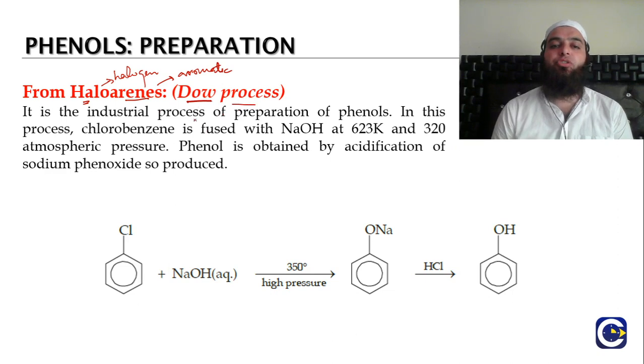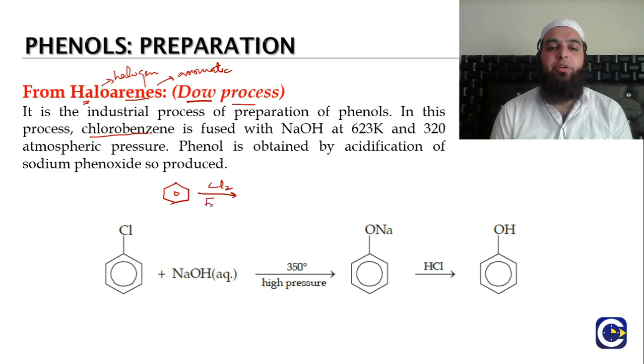In the Dow process we take chlorobenzene. Chlorobenzene can be very easily prepared by electrophilic aromatic substitution of benzene. When benzene is treated with chlorine in the presence of a catalyst, FeCl3, we get chlorobenzene as a product. This is a very efficient method.